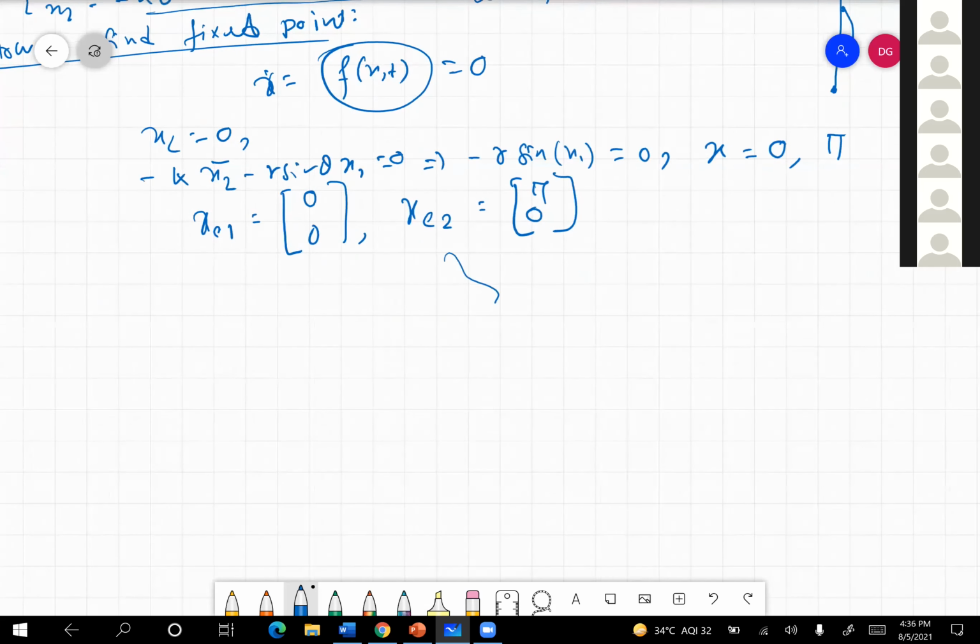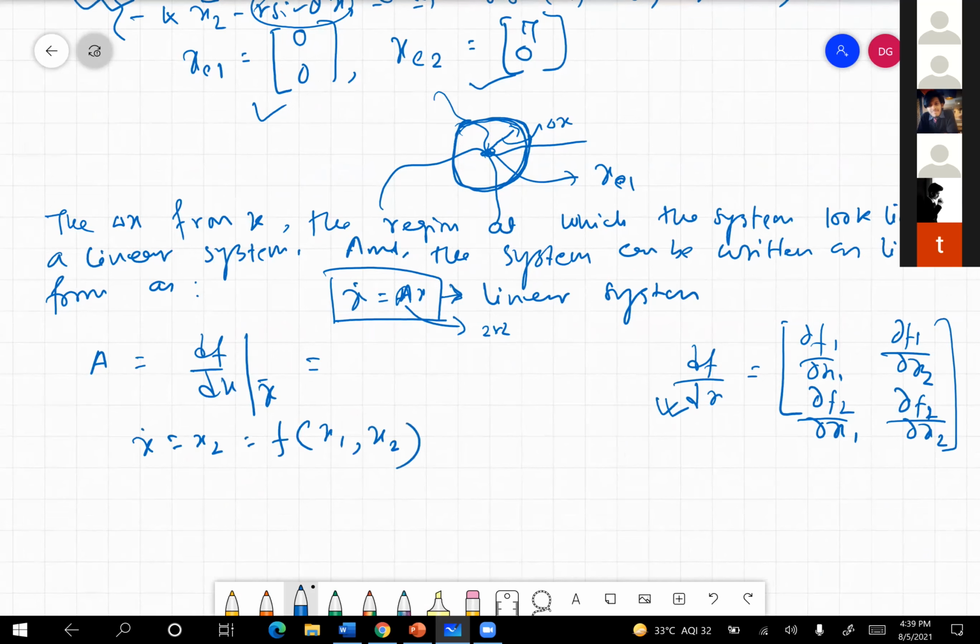Now we'll apply this to our equations. Here x1 dot equal to x2; let's consider this as f1 of x1, x2. And I have another equation, f2 of x1, x2, which is minus k x2 minus r sine x1. So I have denoted these two equations as f1 and f2.